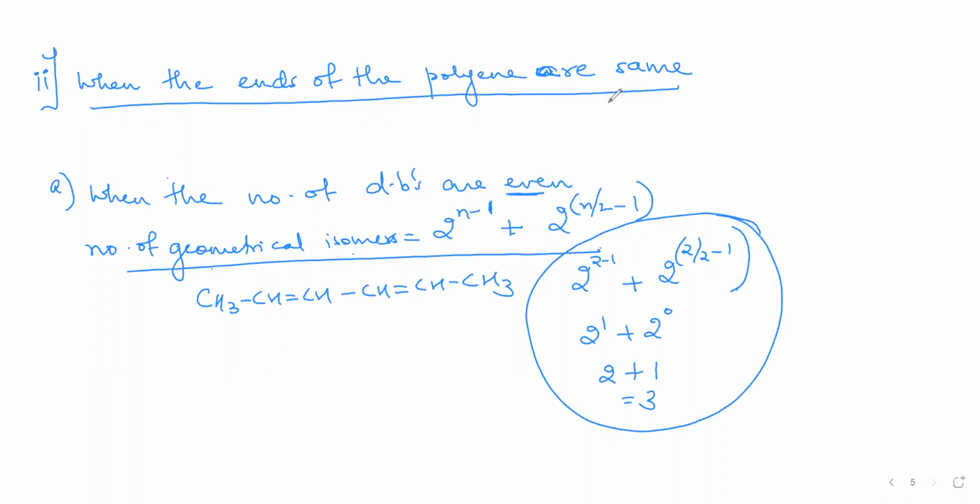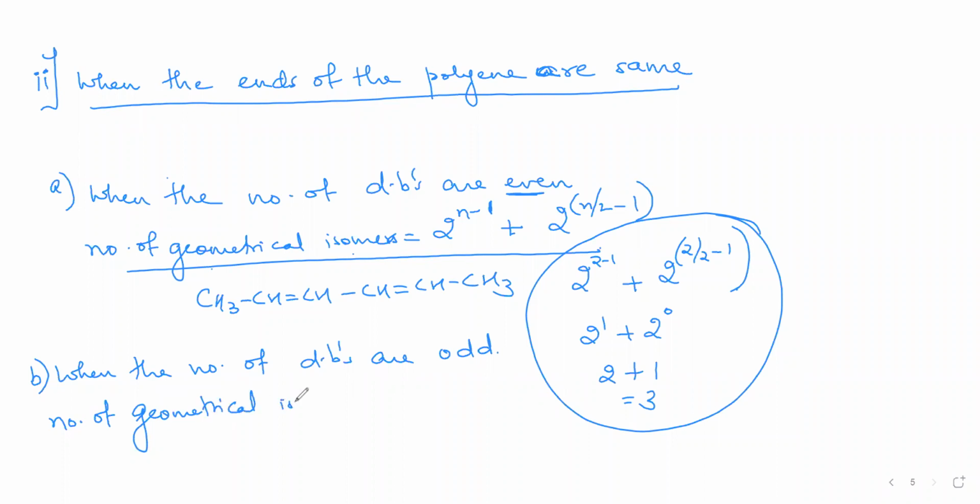Okay, now what if the number of double bonds are odd? Then write down the formula. Number of geometrical isomers is given as 2 raised to n minus 1 plus 2 raised to n plus 1 by 2.